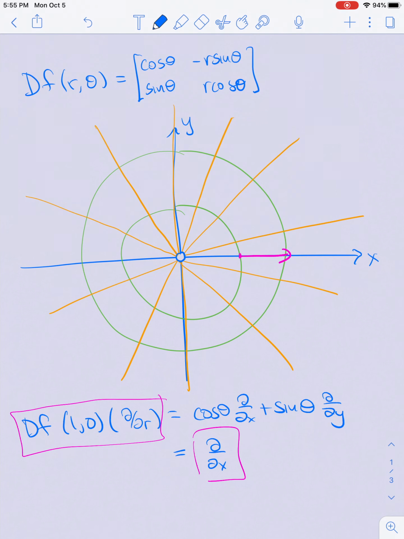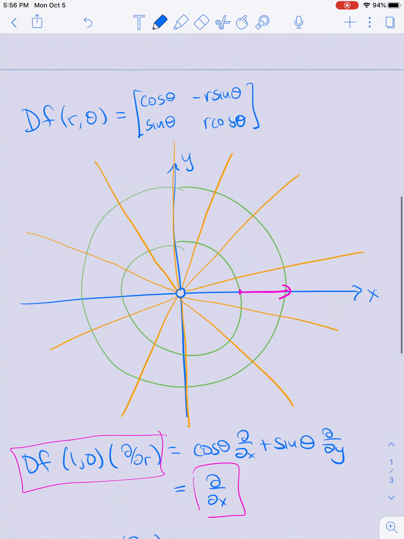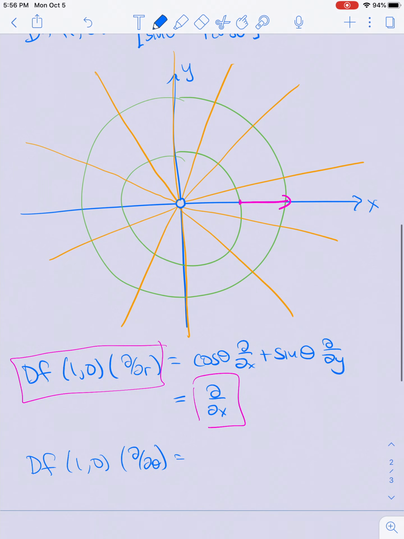So let's do df at 1, 0 of d by d theta. This is the second column, so minus r sine theta d by dx plus r cosine theta d by dy.